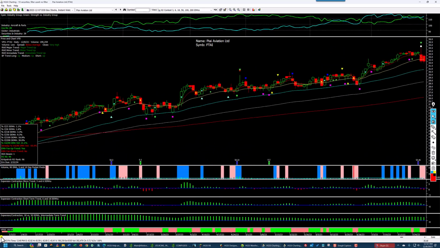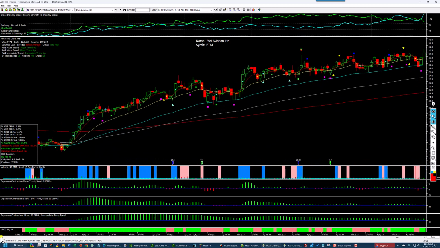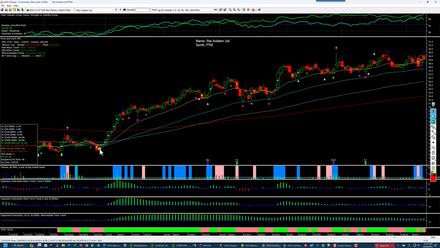I'm just going to scroll till we get back in this area, and put my crosshair on. That's the end of December right here, and then here is where January began, and look how this developed.